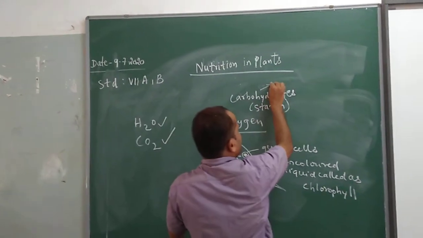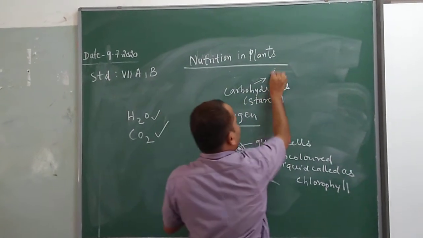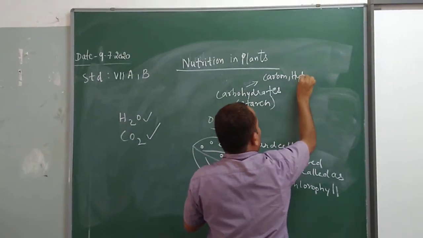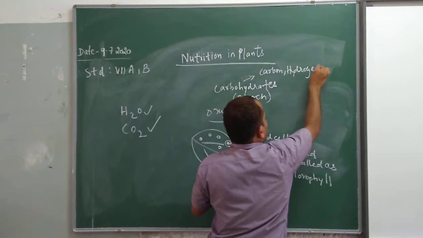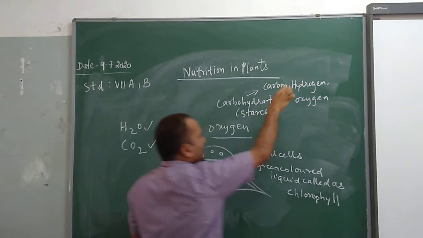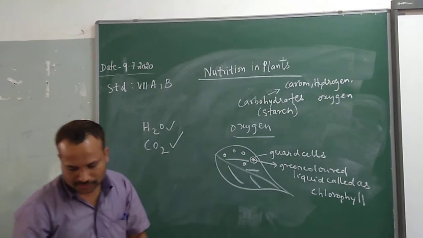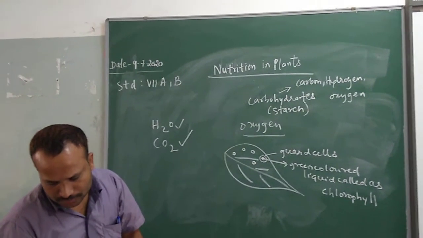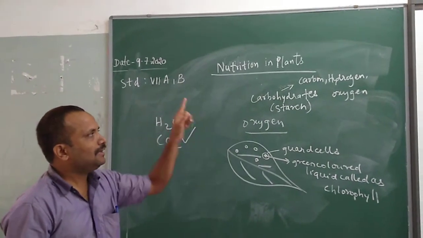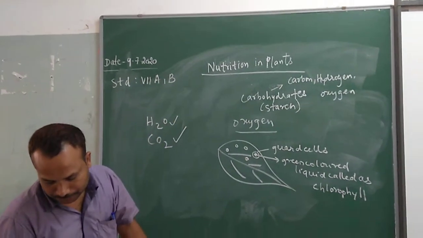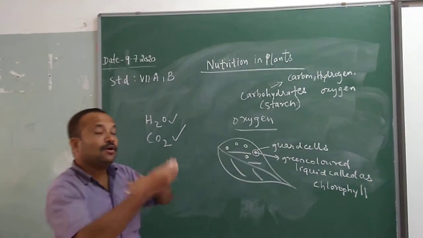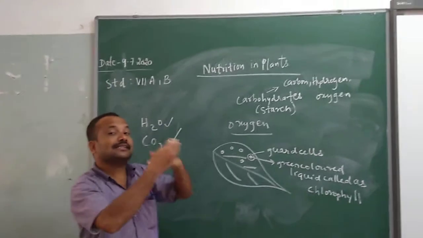Carbohydrates, children, are nothing but a mixture that contains carbon, hydrogen and oxygen. With this carbon, hydrogen and oxygen, food is manufactured, food is synthesized.